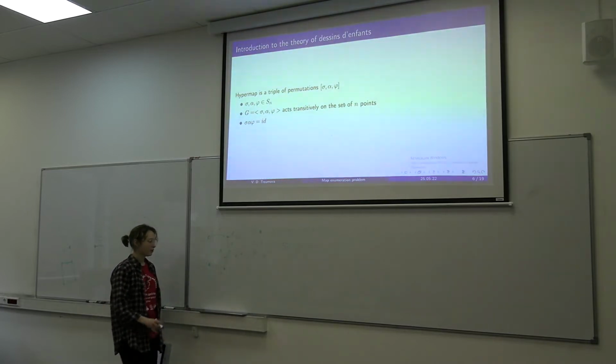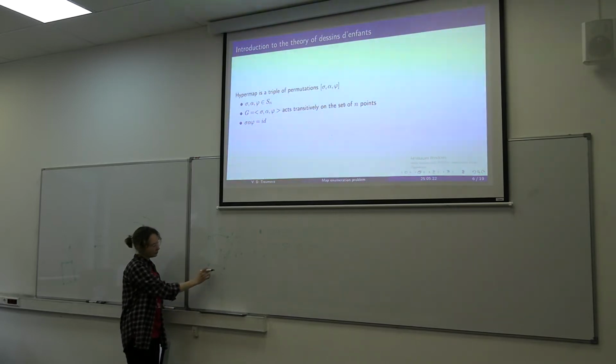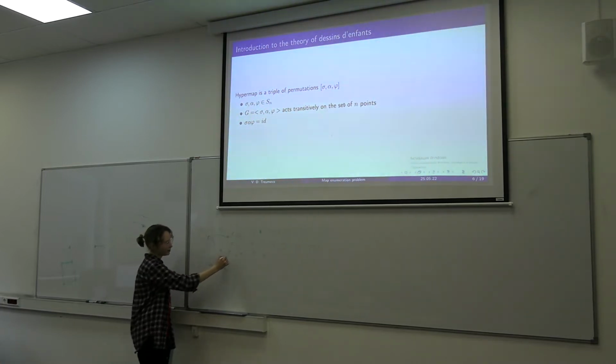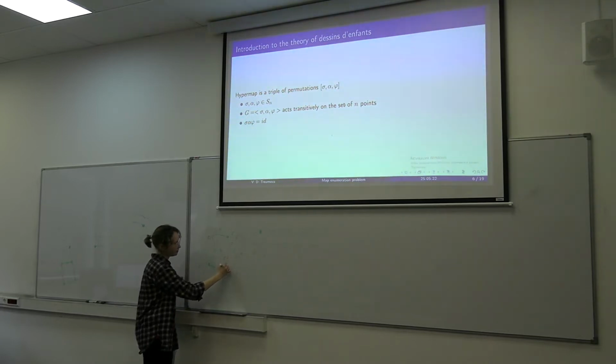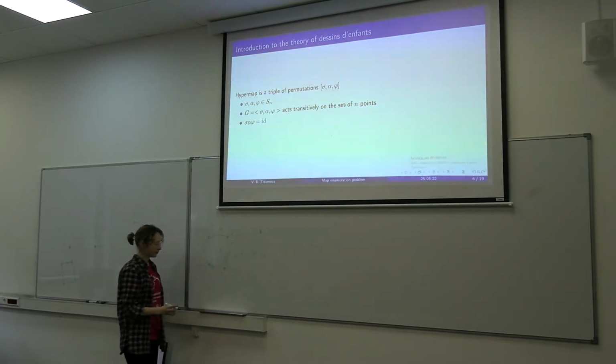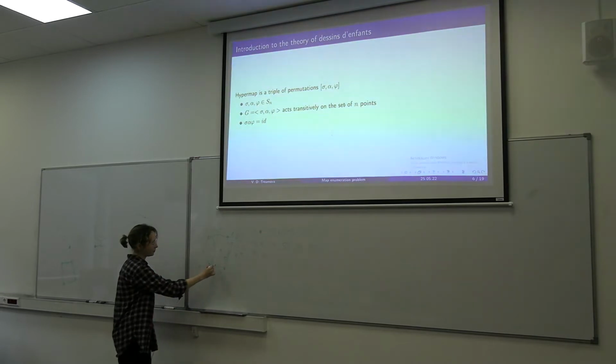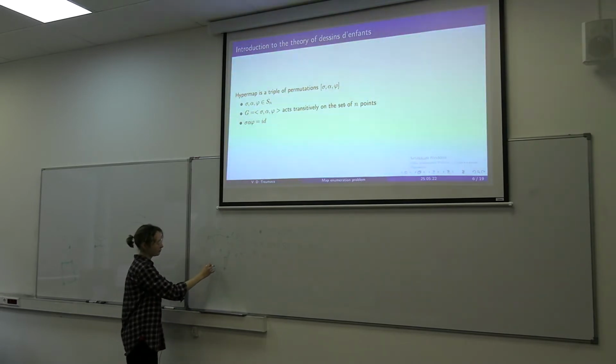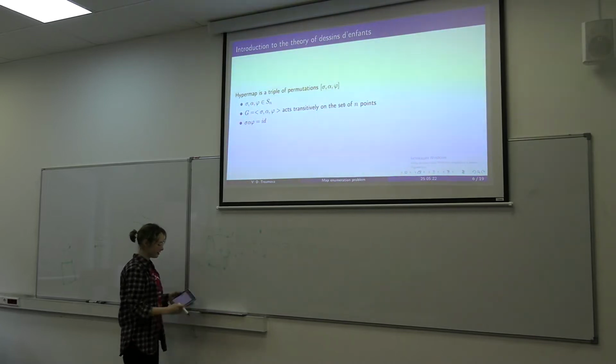And when we go around the face, we take only half of the edges that are adjacent to the face. We see that 1 goes to 5 because we miss 4, and 5 goes to 9.